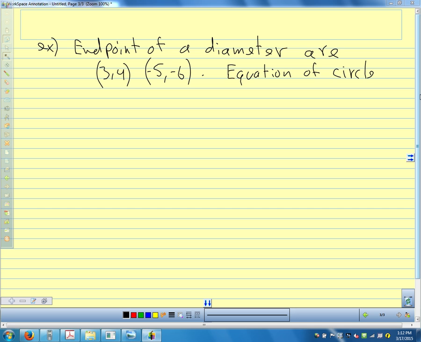So what do we need here? What pieces of information do we need to write our equation of our circle? We need the center and the radius. How do we find the center? If we have the endpoints of a diameter, it's the middle, right? The center is the midpoint of these 2 points.